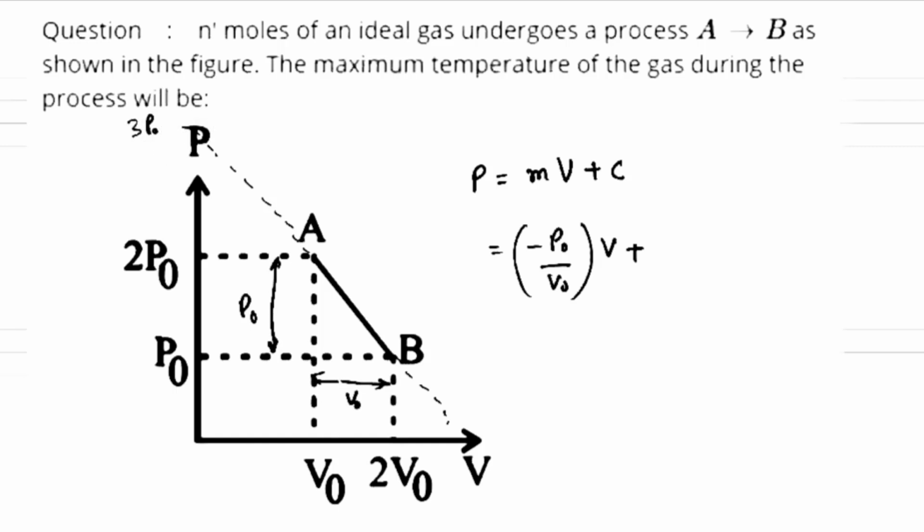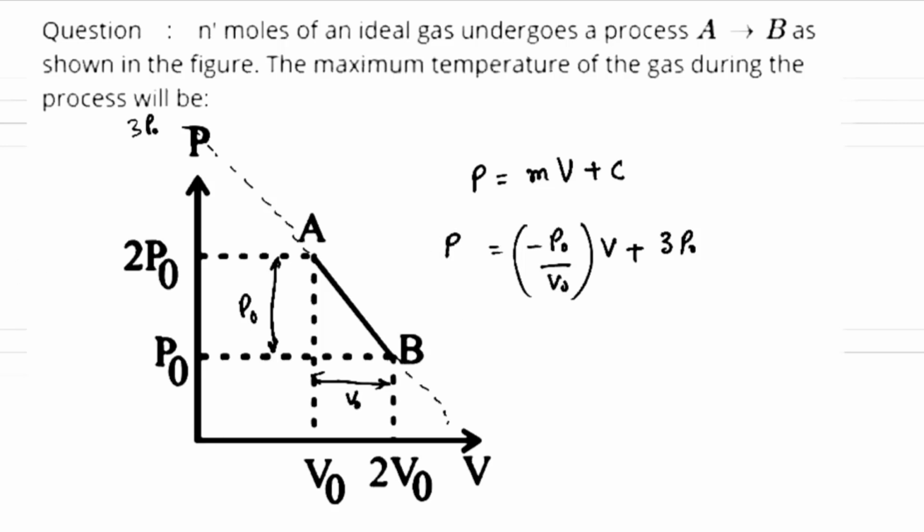If you see, there is a symmetry, right? For every V naught, there is a change of P naught in the pressure. So if I go leftward by V naught, then the pressure will increase by P naught, right? So the constant here is 3 P naught. And this is the function of the pressure.